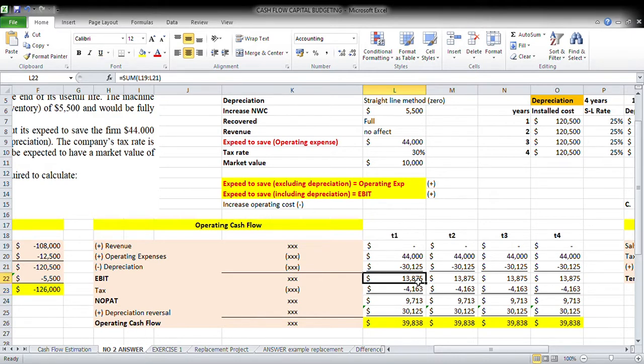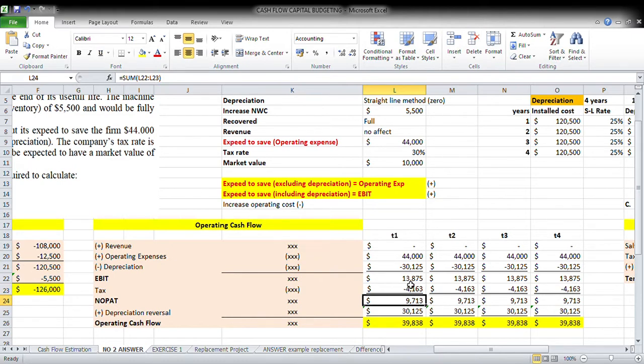Then from this calculation we get the NOPAT, net operating profit after tax.